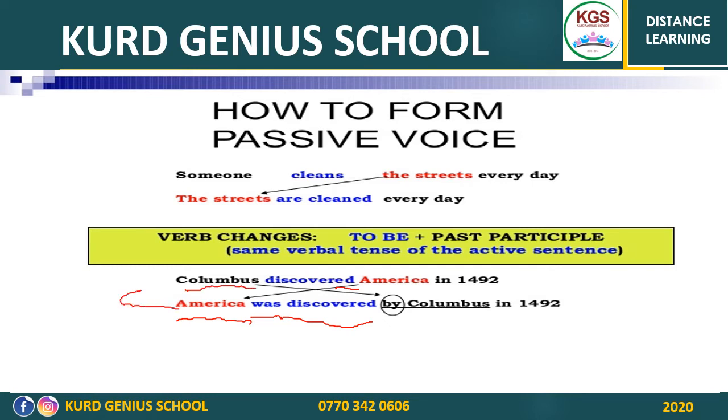America was discovered by Columbus in 1492. So the difference is now quite clear between the active and passive sentences. In the active sentence, we focus on the subject, on the doer of the action, but in passive sentences, we put emphasis on the object.